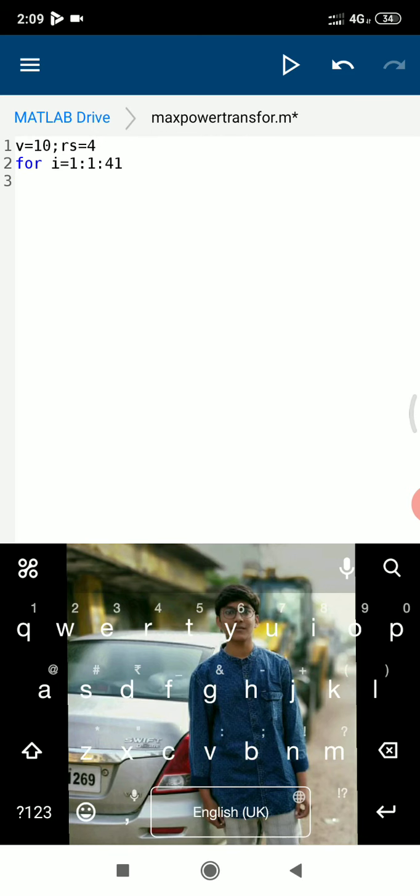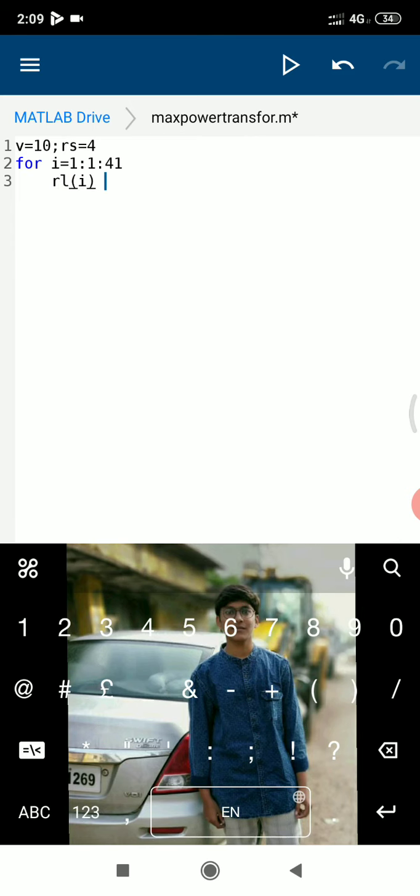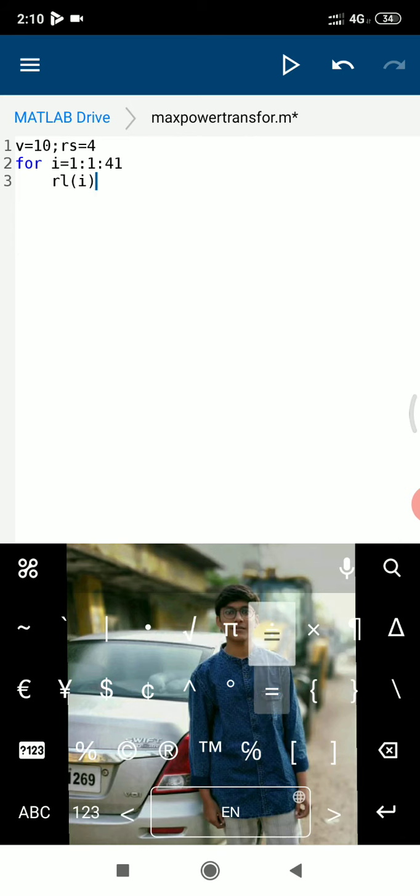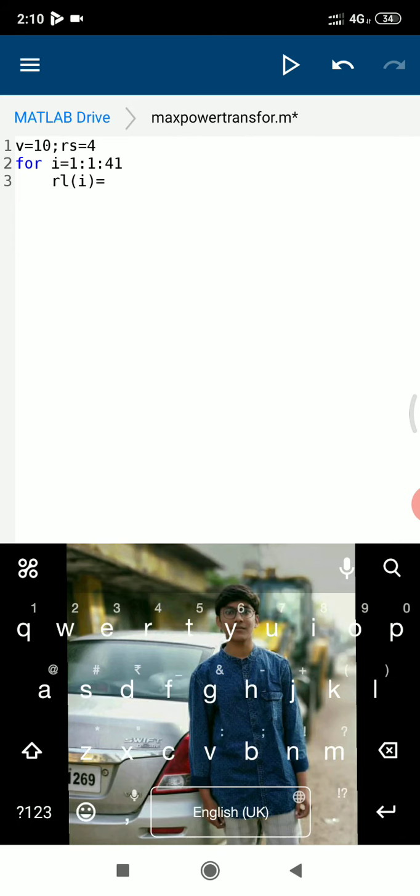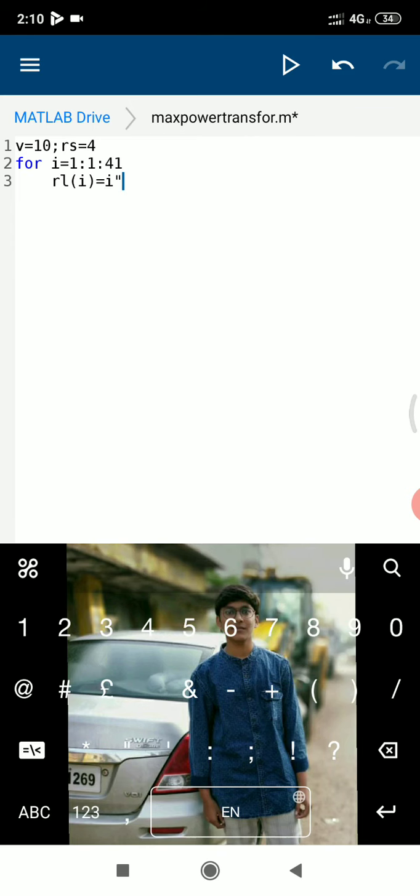In the third step, load resistance RL. Here we are taking the condition RL of i, close the bracket, is equal to i into 0.1 minus 0.1.